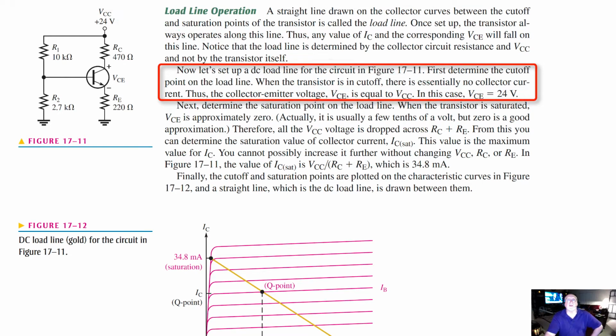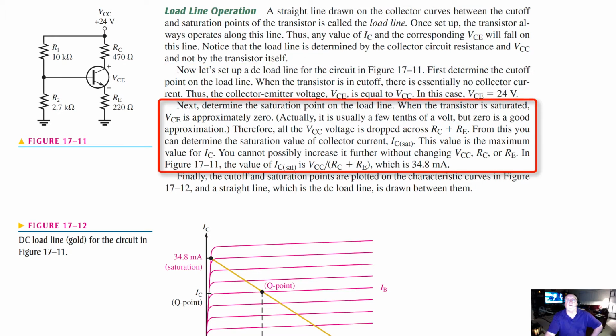Next, determine the saturation point on the load line. When the transistor is saturated, VCE is approximately zero. Actually, it's usually a few tenths of a volt, but zero is a good approximation. So, good rule of thumb.